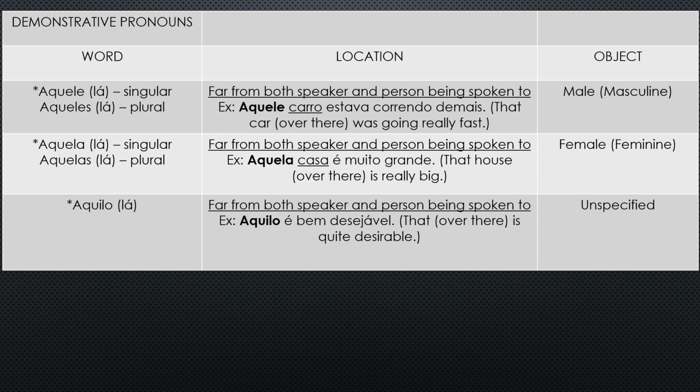And then you have isto, which is just singular, unspecified, here with me; isso, which is unspecified object, there with you; and aquilo, unspecified object, way over there, away from both of us.